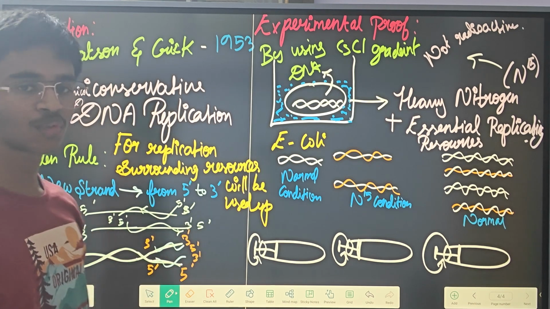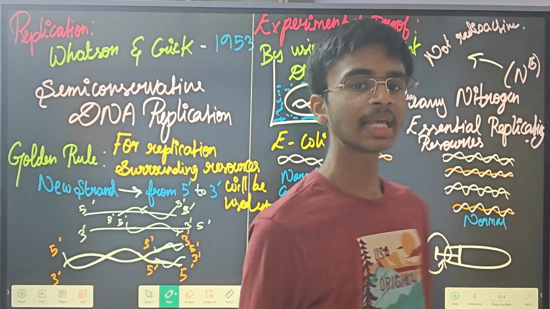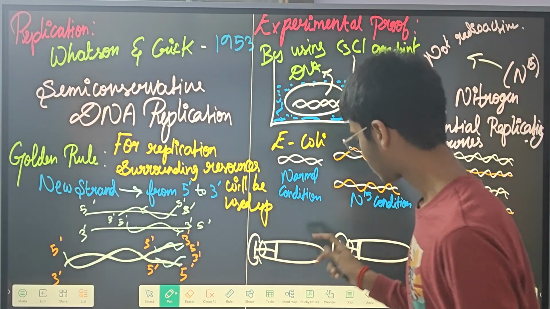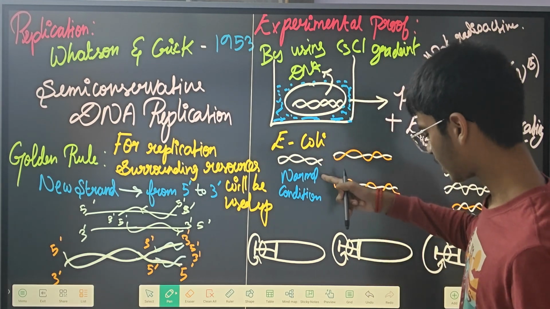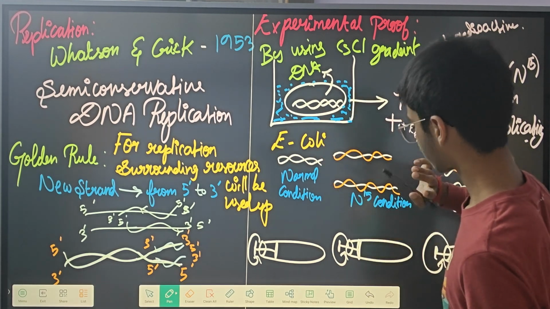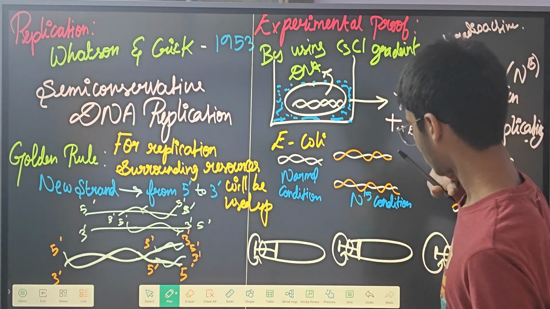So when he centrifuged it, he got only one band. When this one is centrifuged, he got this one strand. Once again.